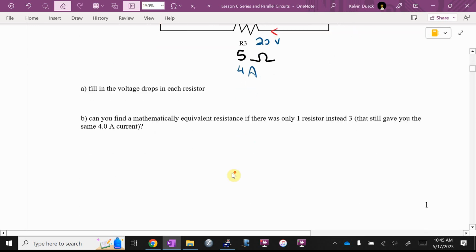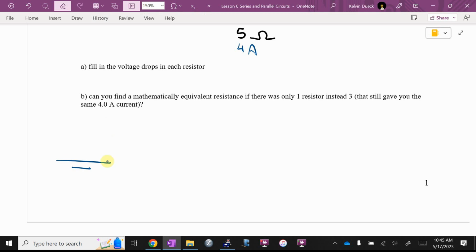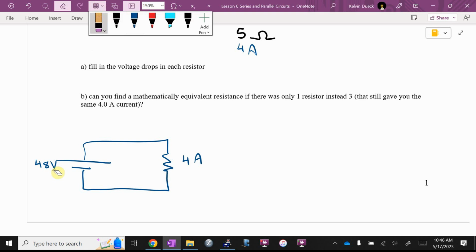What does B say? It says, can you find a mathematically equivalent resistance? So what was the battery? It was 48, yes? Here's my question. Suppose you replace those 3 resistors with one uber resistor. Oh, and you still wanted 4 amps. Well, Eric, how many volts do I gain from this chairlift?